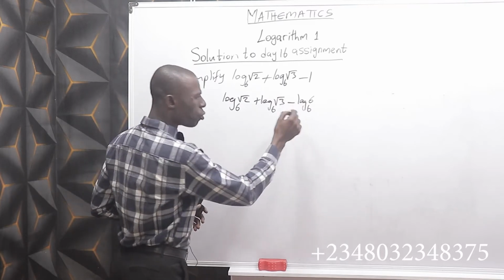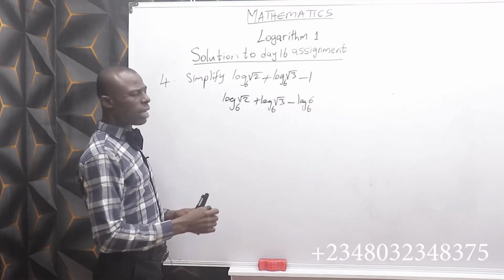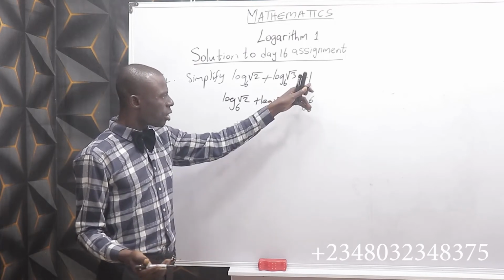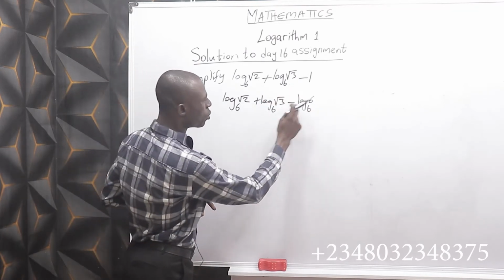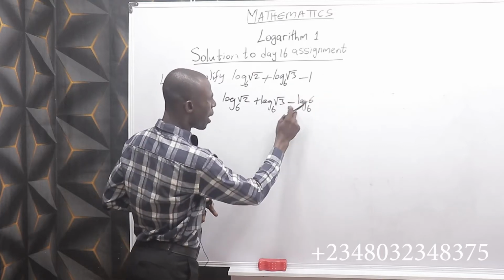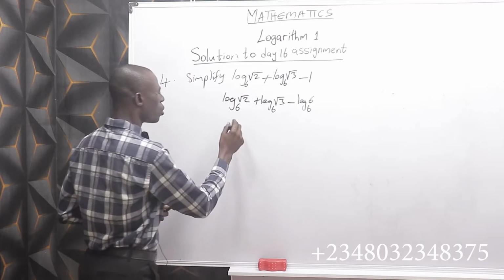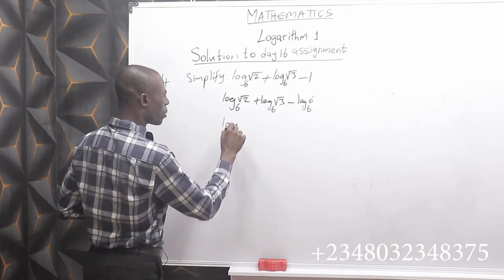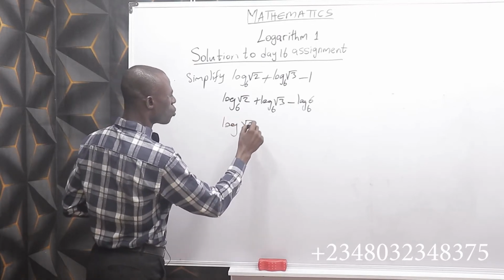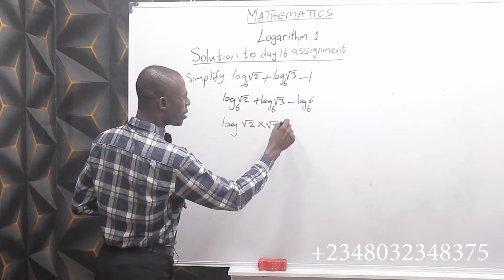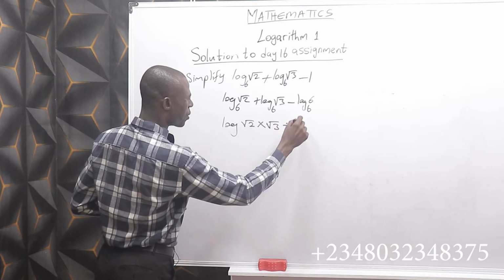So how do I create log 6 base 6? Don't forget log 6 base 6 is 1, which makes it to be the same as this. And this is minus 1. Since log 6 base 6 is 1, this is minus 1. So we can now have log root 2 times root 3 divided by 6.